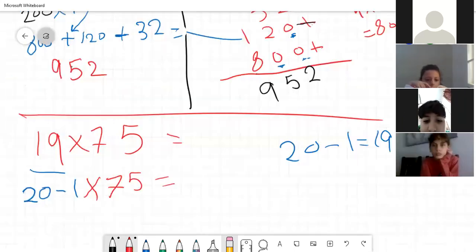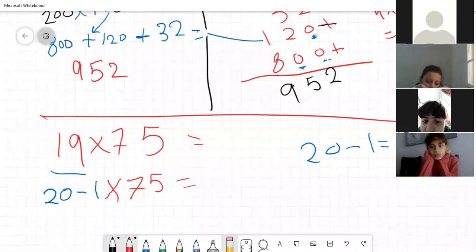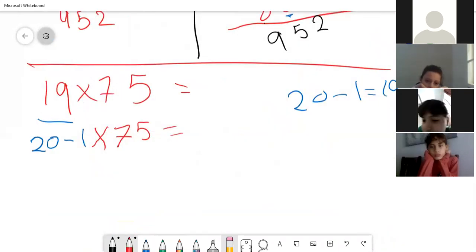The same as what we did here. What did we do here? When we had addition, we multiplied the 4 by all the numbers. So we will do the same thing.